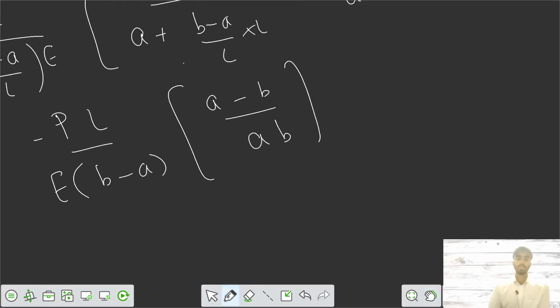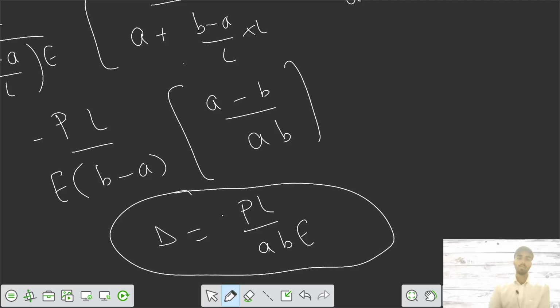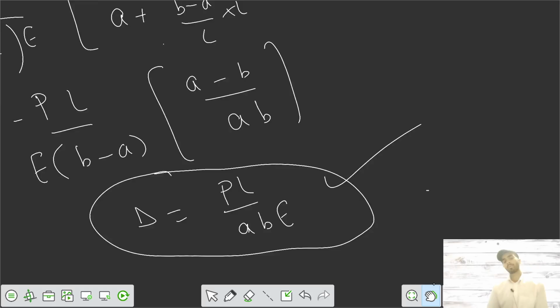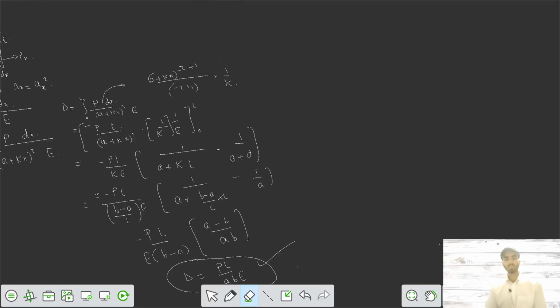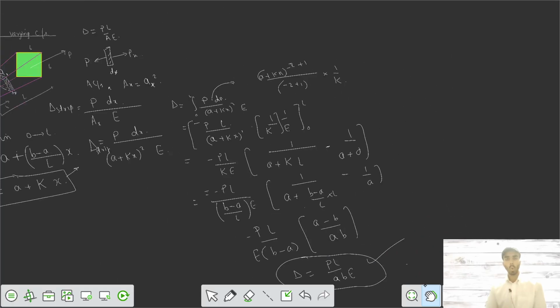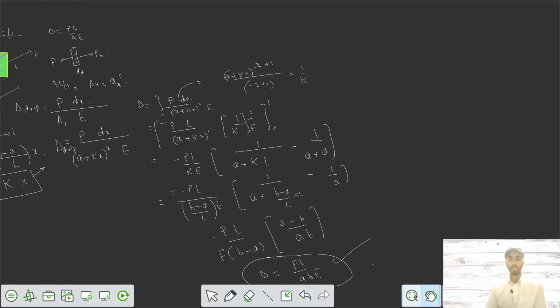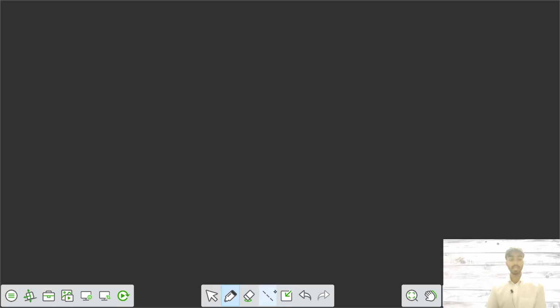So your deformation becomes delta equals PL upon ABE, the final deformation. Try it yourself also. I got stuck once.